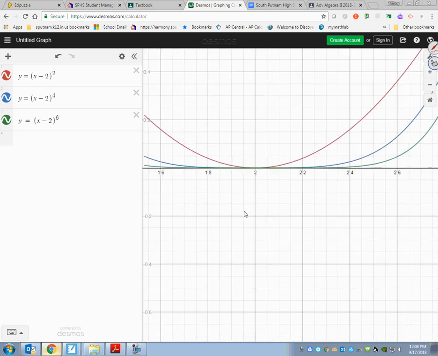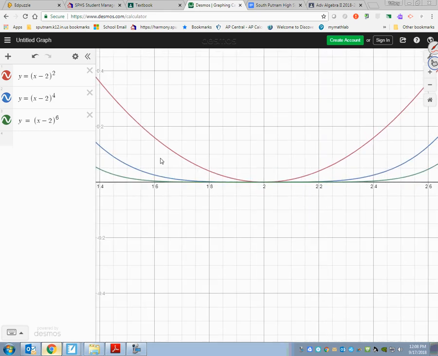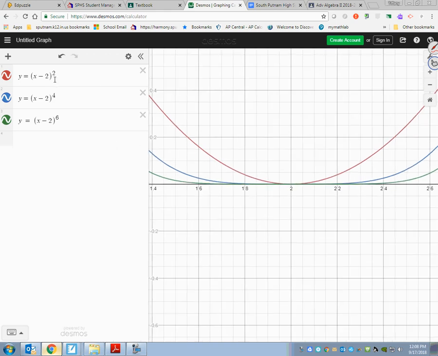It kind of looks like it's touching in more than one spot, but it really isn't. This is (x - 2)^2, this is to the 4th power, this is to the 6th power. So the higher the multiplicity, what happens to the graph? The more it flattens out there, right?